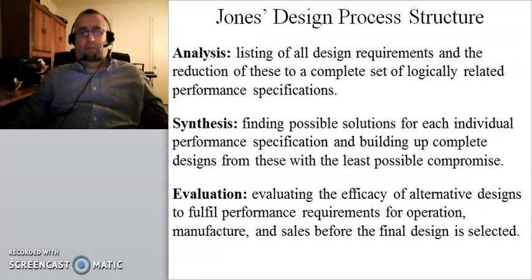And then the third step in this process structure is evaluation. And that's evaluating the efficacy of the alternative designs to fulfill the performance requirements for operation, manufacture, and sales before a final design is selected. So that's the process of down selection.